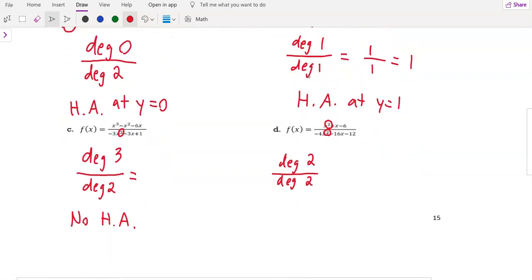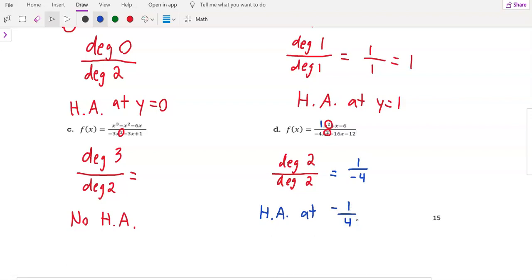In this case, my leading coefficient of this x squared is just 1, and my leading coefficient of this x squared is negative 4. So I would have 1 over negative 4, or you could say a horizontal asymptote at negative 1/4.